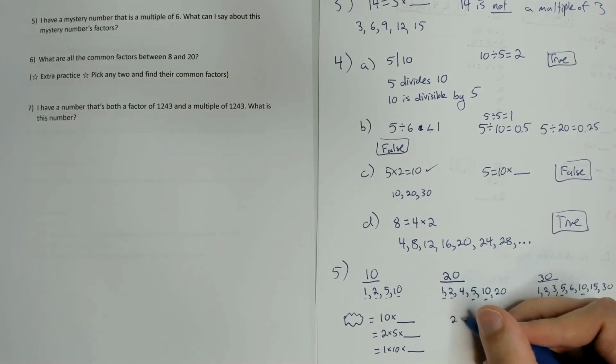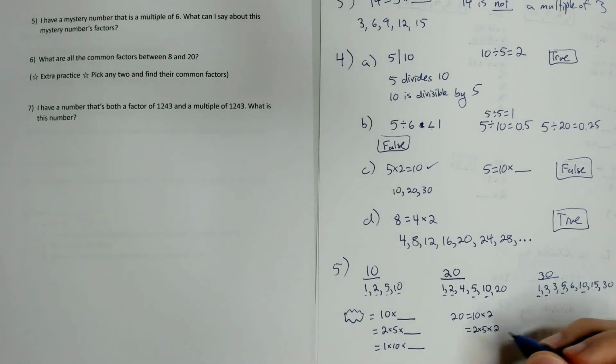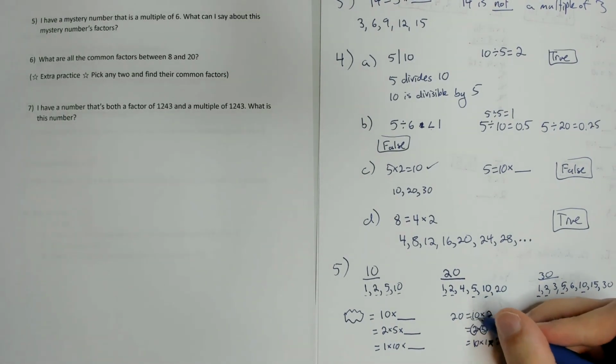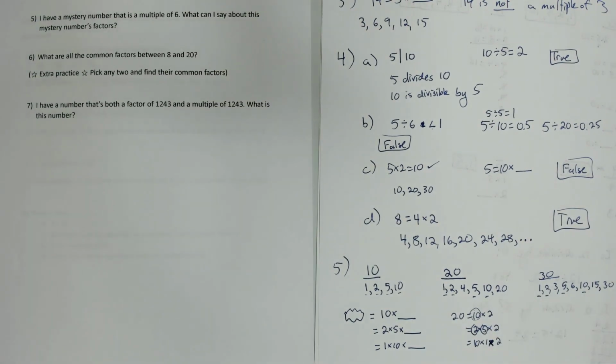So 20, that equals 10 times 2. We know that 10 is 2 times 5. So that means 2 is a factor of 20 and 5 is a factor of 20. And we also know that 10 is 10 times 1. So we know that 10 is a factor of 20 and 1 is a factor of 20, right? So we're just splitting 10 up here into its factors, but that also means that we get a number that is going to be a factor of 20.